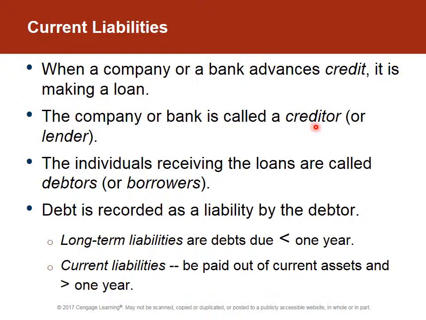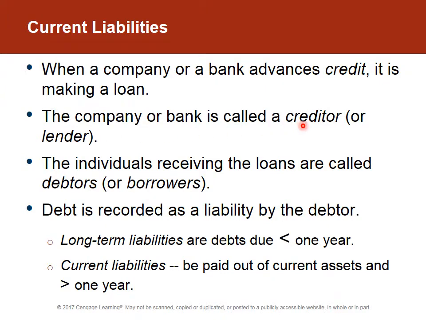So the bank advances credit, making a loan to the company. We're now looking from the company that's borrowing the money. The company or bank is called a creditor or lender. The individual receiving the loan is called a borrower. It's the person that's borrowed the money, or a debtor. So we have creditors and debtors, and yes, that's sometimes the way students can get confused with debits and credits.